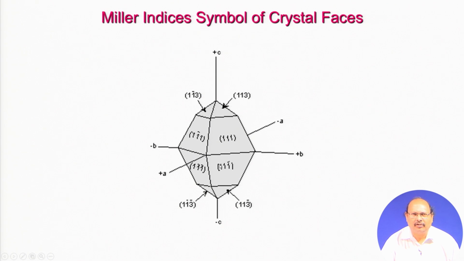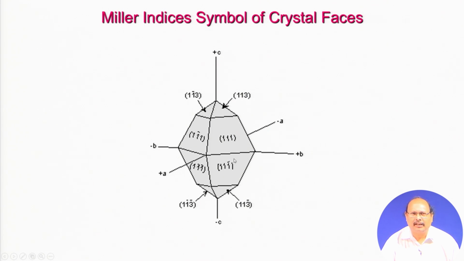You also have a situation here, in this case 1 1 1, it has intersected all the positive directions of A, B and C at unit cell length proportions here. When we have 1 1 bar 1, the bar 1 is in the position of the C crystallographic axis.